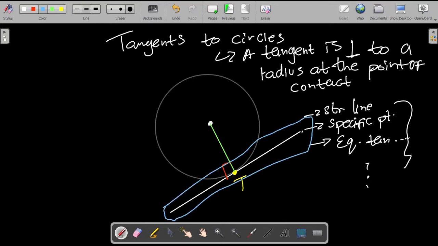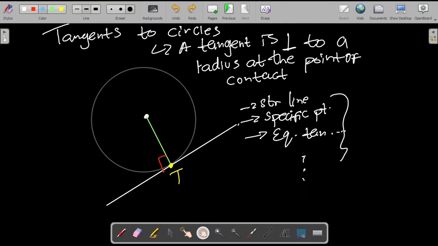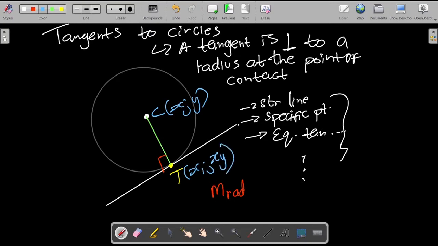And you can find the equation of the tangent because if we say that the tangent is perpendicular to the radius, then that means that the gradient of the radius, which would be the gradient from the center to that point, you can find if you have the point there, and you have the coordinates of this T as well.